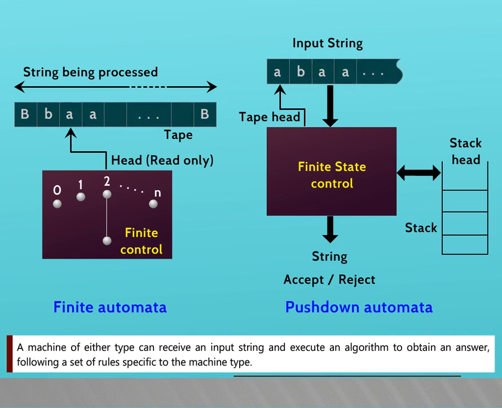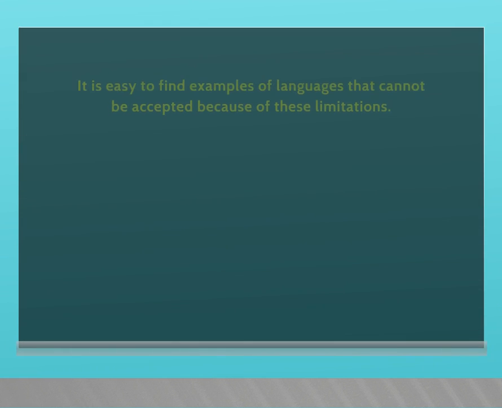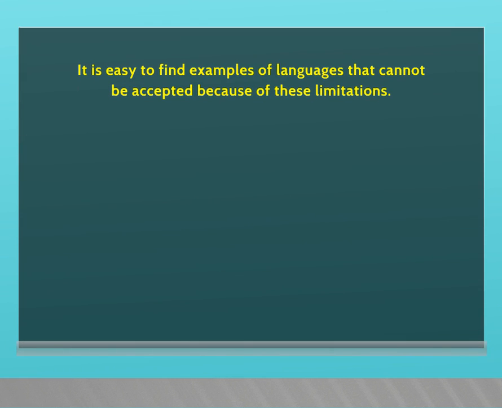A machine of either type can receive an input string and execute an algorithm to obtain an answer, following a set of rules specific to the machine type. It is easy to find examples of languages that cannot be accepted because of these limitations.